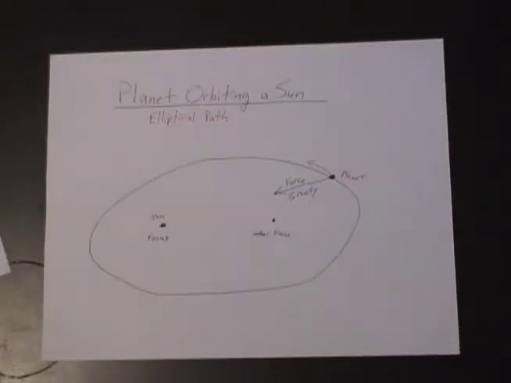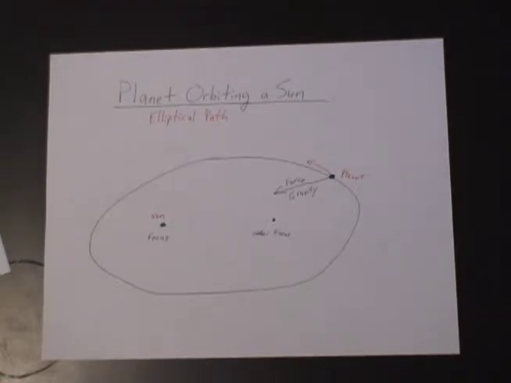The case of a planet orbiting a sun is similar. It's different, however, in that it's an elliptical path instead of a circular path. But still, the force, in this case the force of gravity, is going to go towards the sun, from the planet to the sun.